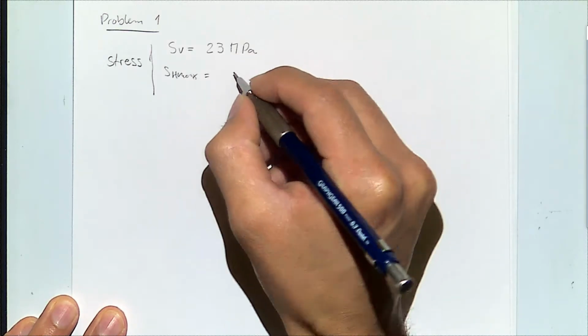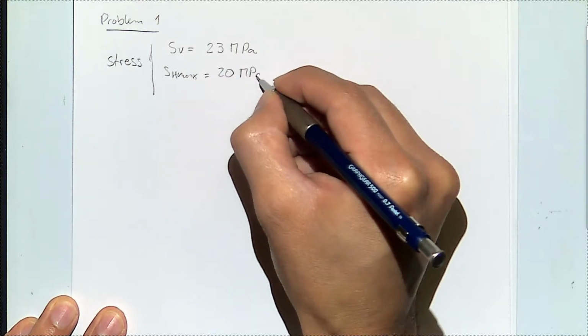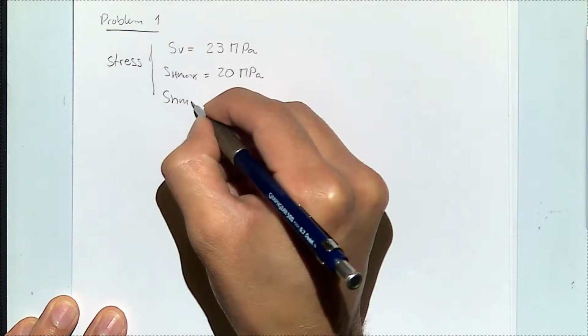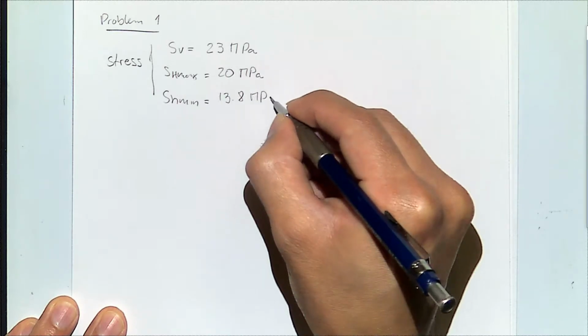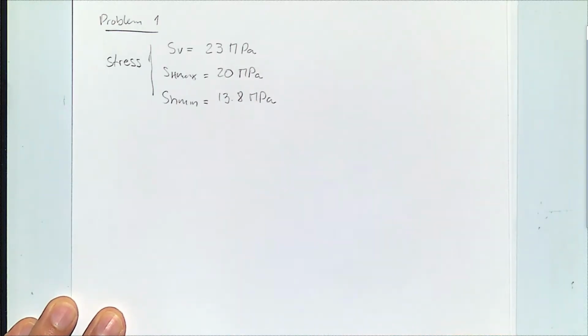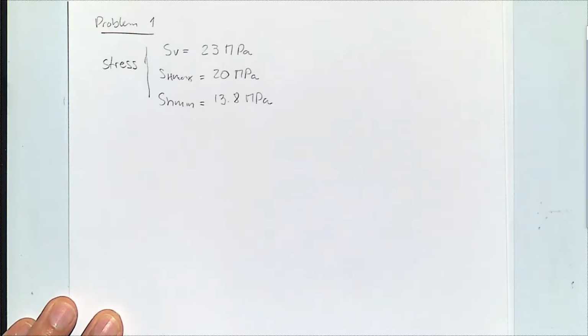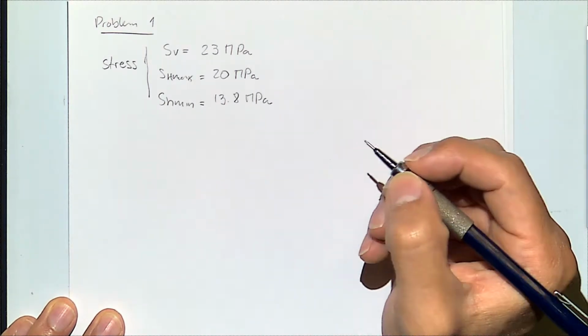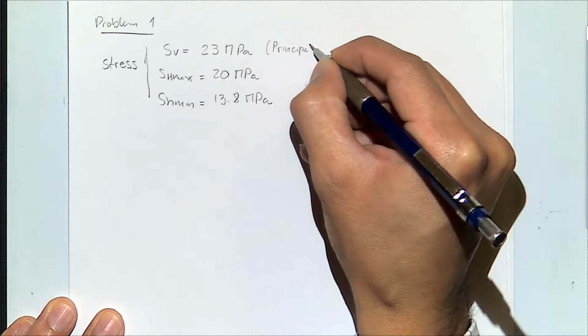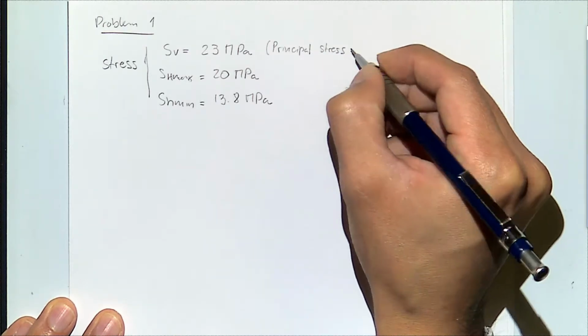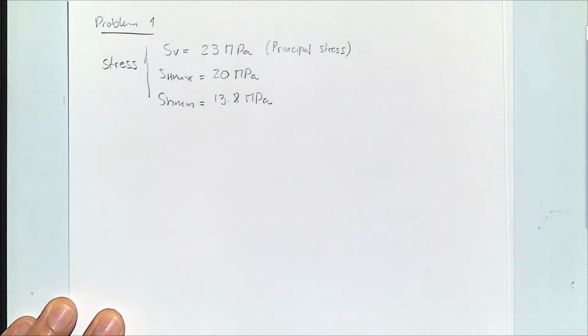You know maximum horizontal stress. And you know minimum principal stress. It's not enough to know the value of stresses at a given place, but you also need to know the orientation. And we'll assume that vertical stress is a principal stress. And as soon as we know that one, the two horizontal stresses must also be principal stresses because they are perpendicular to the vertical stress.